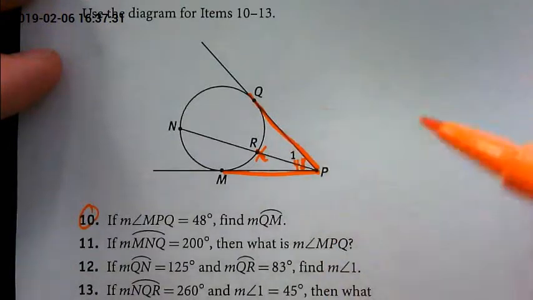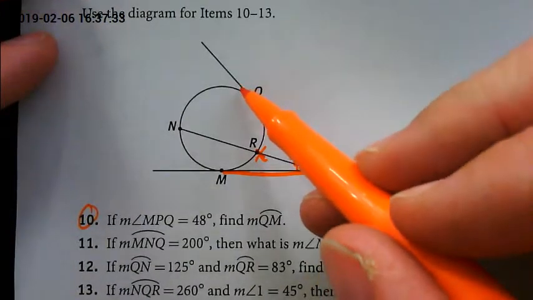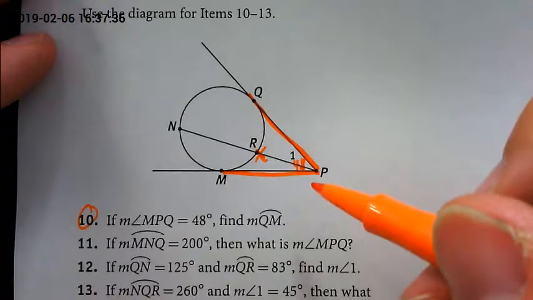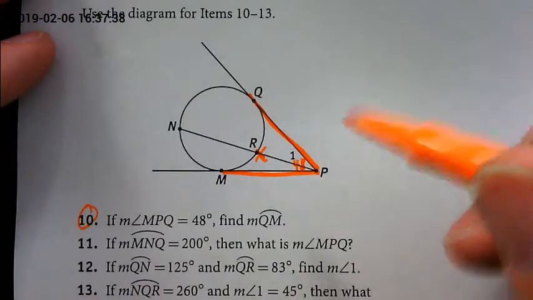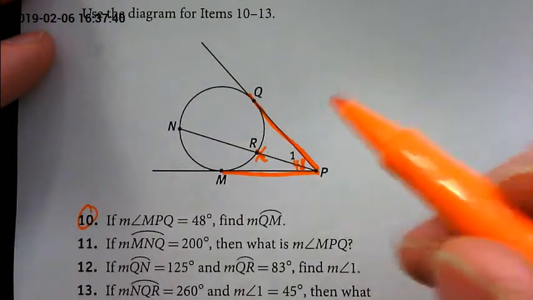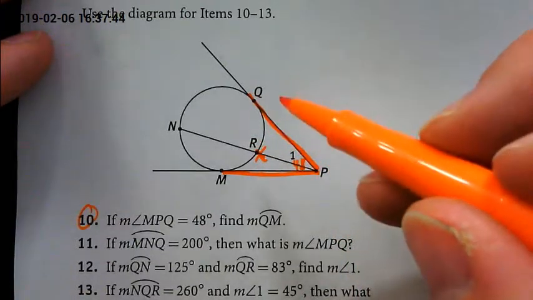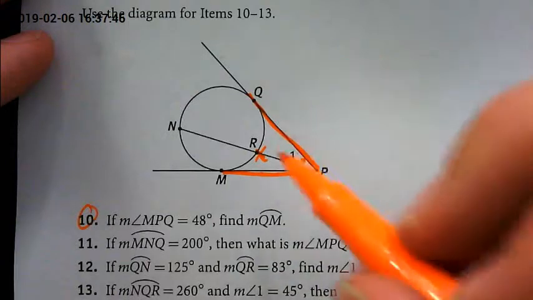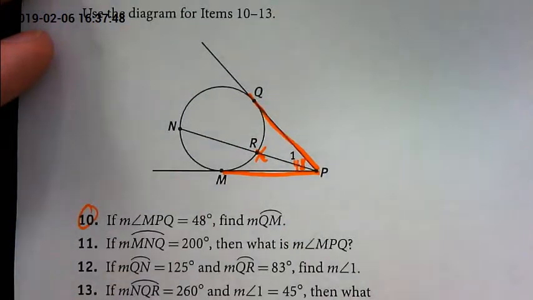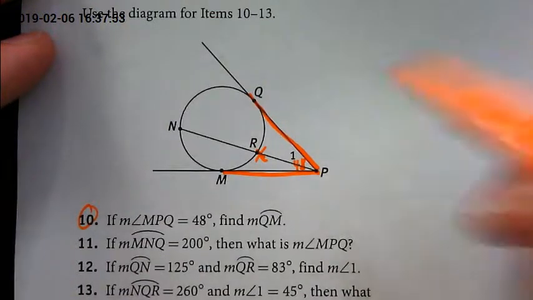Well, in order to find that piece, now I'm just wondering, have you done these with Miss Oswalt yet? Okay, because there's two different ways you can do these problems when you have two tangents. I'm going to show you with the formula, all right? And then I'm also going to explain the other method just in case she does it the other way.